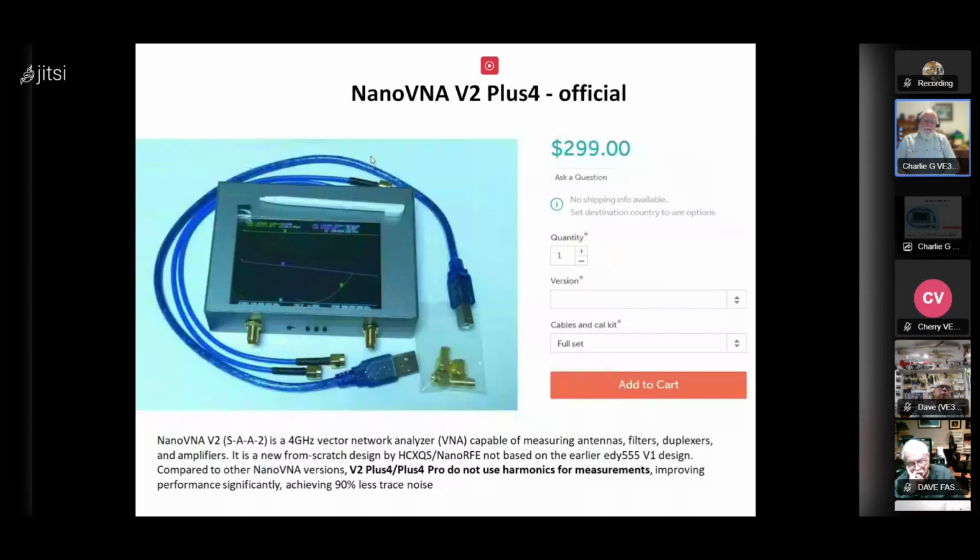And then top of the line of these little boxes that were invented a few years ago is one that goes all the way up to $300. That's the NanoVNA V2 Plus4.